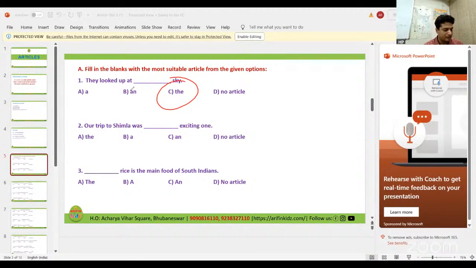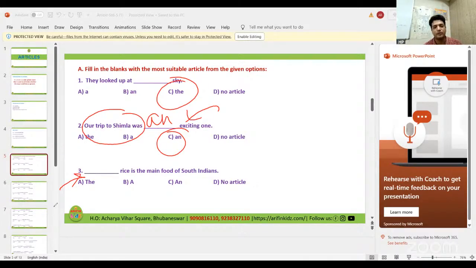Next, we have: our trip to Shimla was... what will it be? Anyone who can tell me the answer of this? Our trip to Shimla was an exciting one. They did not mention the most exciting one. It is not superlative, so an exciting one. Number three. Try to solve this question. Dash rice is the main food of South Indians.